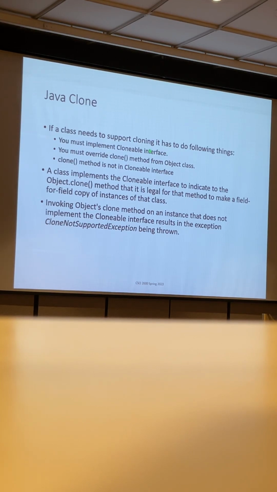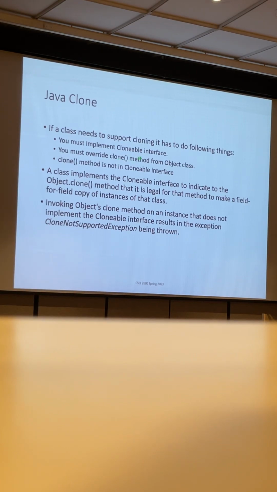The clone method that you really should override is not coming from your obligation to implement a method from Cloneable. It comes from the understanding that their implementation of clone that you inherited from Object is not going to work correctly, and you really should override it.